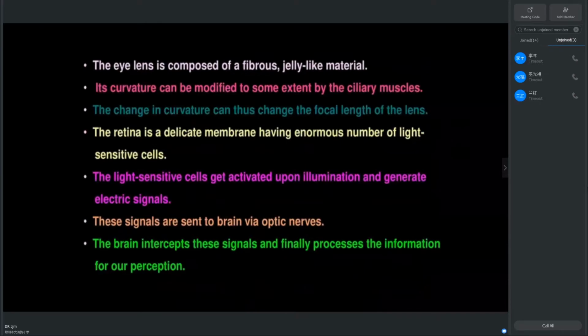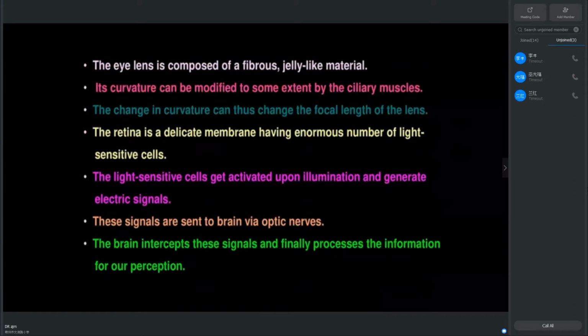As we said, this lens can become smaller or bigger, or can be focused. The retina is a delicate membrane having an enormous number of light sensitive cells, or we can say sensors.